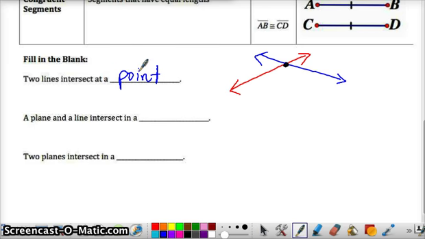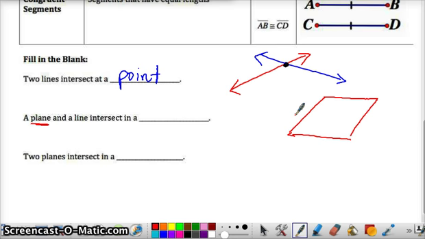Okay, the second one, it says a plane and a line intersect in A, and we have to figure that out. Well, when we draw a plane, even though a plane goes on and on infinitely in any direction, right? It's like a piece of paper, but it keeps going infinitely, or like the ceiling or the floor of the room, but it goes on infinitely.